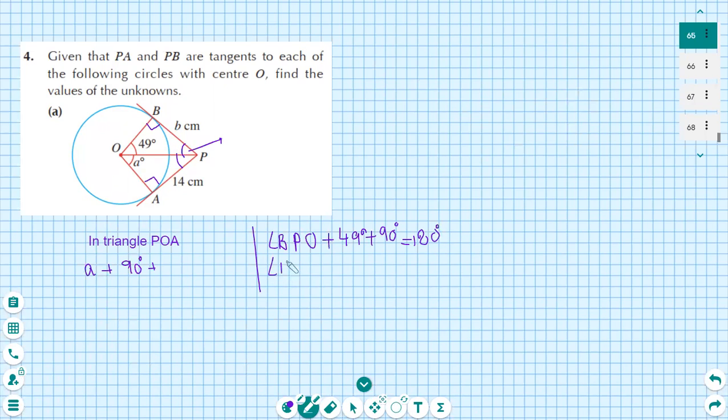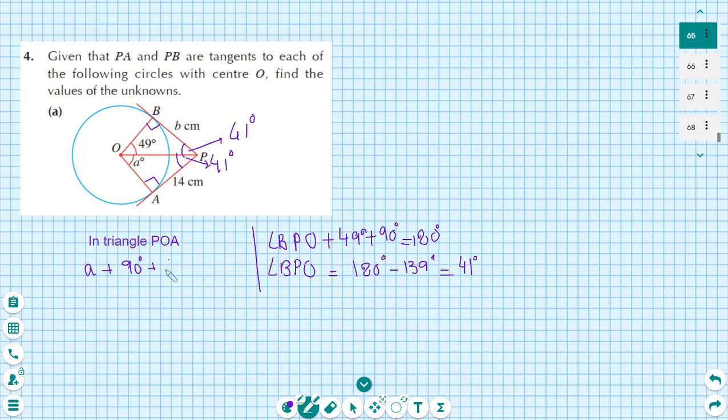So angle BPO will be equal to 180 degrees minus 139, or equal to 41. So this angle is 41 degrees. So this angle should be 41 as well.